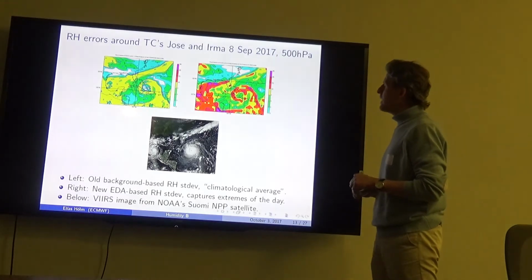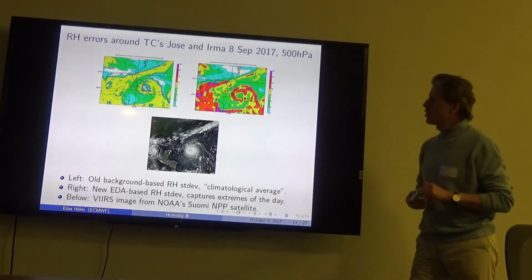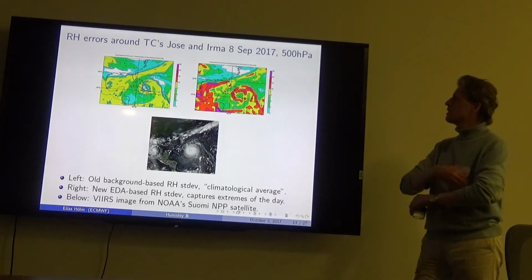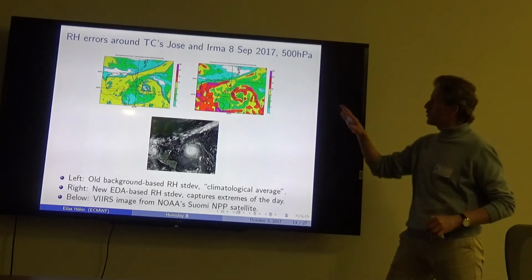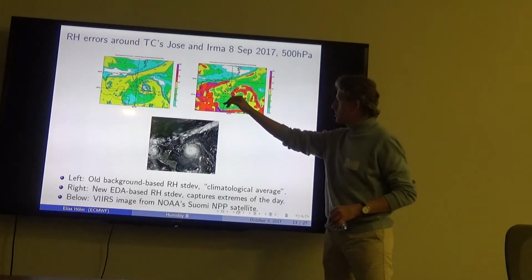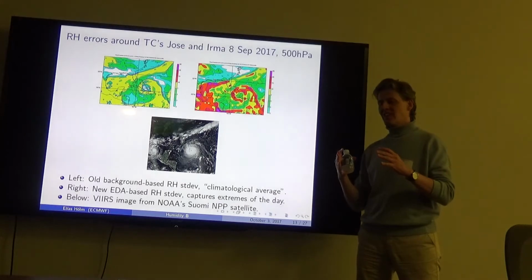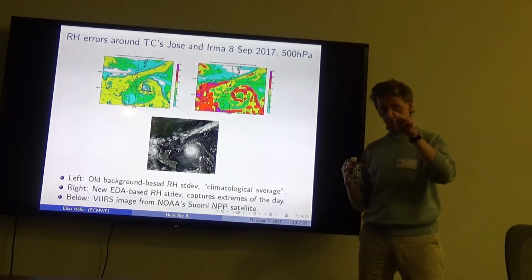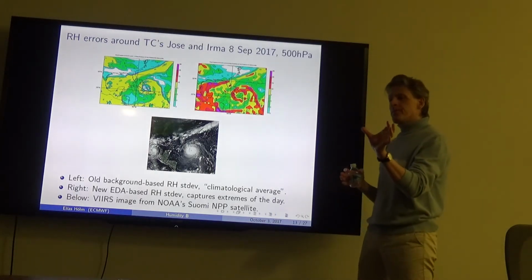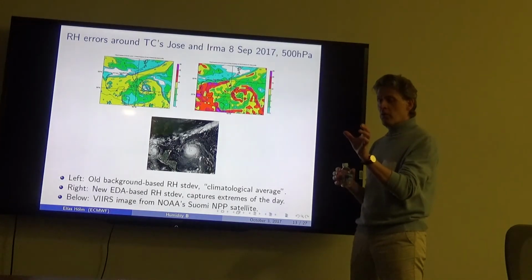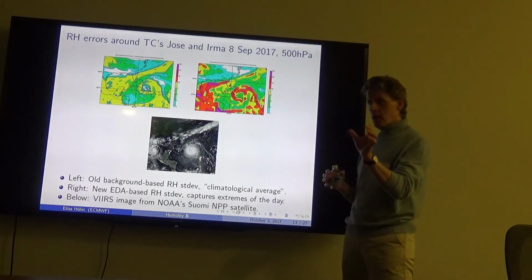For the error, I think there are too few dropsondes really to verify that. Actually, the drop around tropical cyclones is very difficult because our models and analysis resolve things quite well. So that means our uncertainty in location may be of the order of, let's say, 100 kilometers.